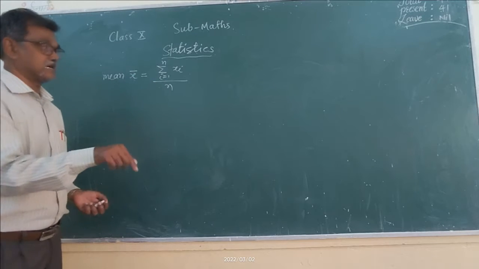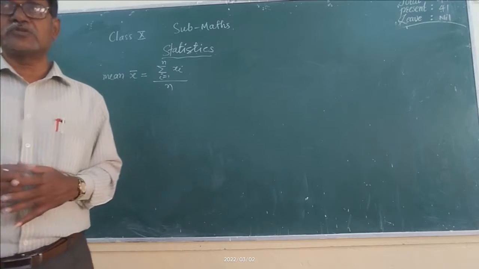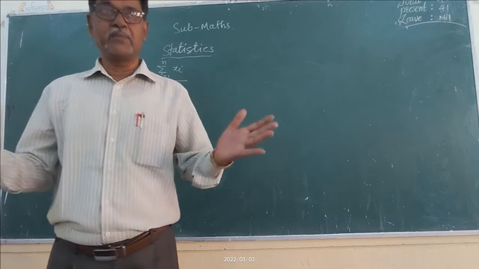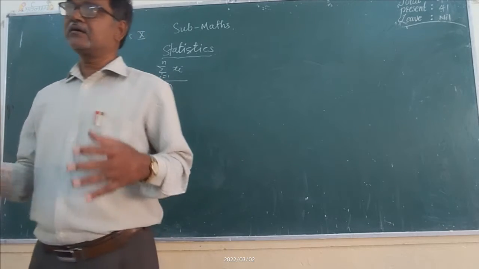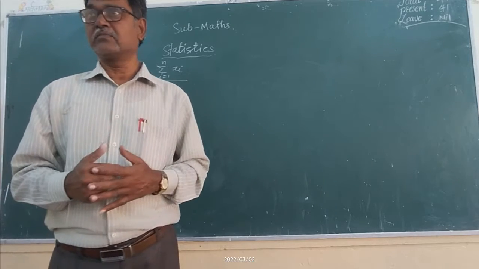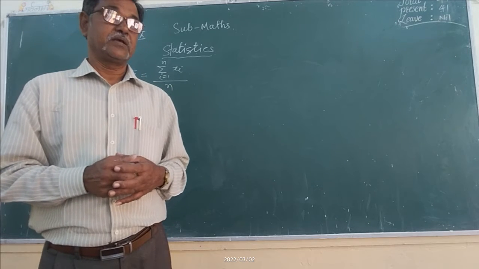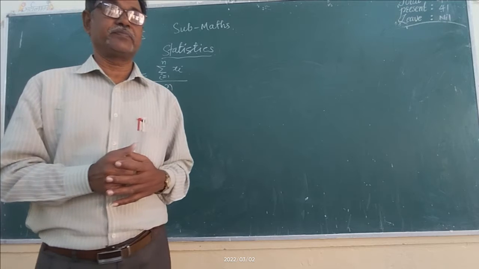Here in this class, we have to use the frequency distribution table. That is, if the data is given randomly, raw data, different scores are given, and after rearranging them in tabular form, that form is called a frequency distribution table, and it is a grouped frequency distribution table.